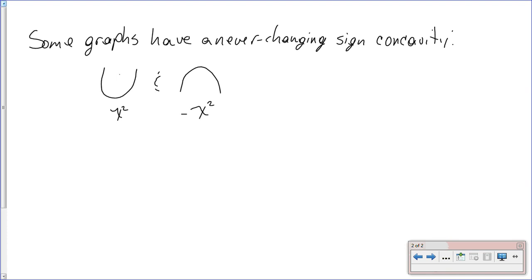This one the concavity will always be positive, this one the concavity will always be negative.